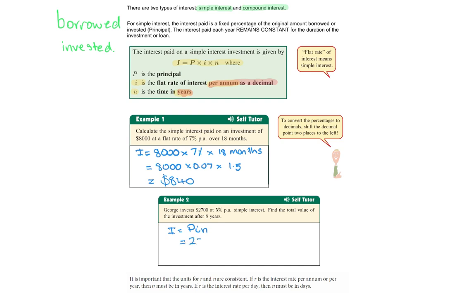Okay, so George is investing $2,700 at 5% per annum, so 5% per year, for 8 years. Find the total value of the investment. We're not just finding the interest, we're finding the total value of the investment.